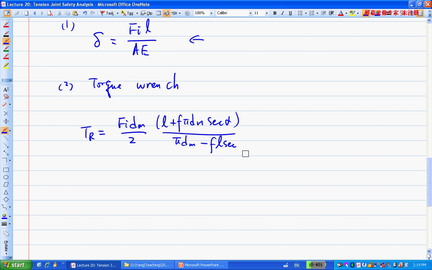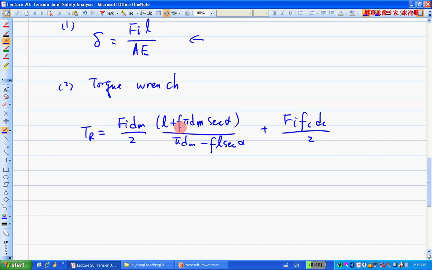Secant alpha, then plus Fi Fc dc over 2. Okay, so what are these things here? You remember that Fi is a load, right? In this case, Fi is the amount of preload we want to apply, and dm is the so-called mean diameter, and alpha is the thread angle, which in terms of power screws is 5 degrees, and 29 degrees I think.